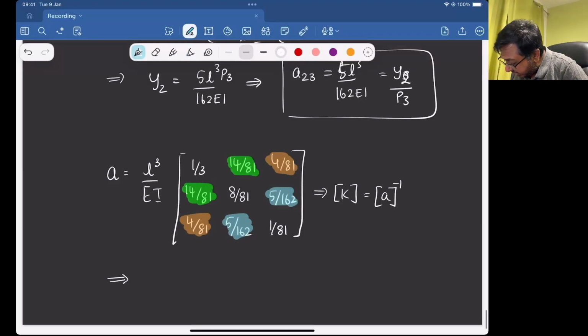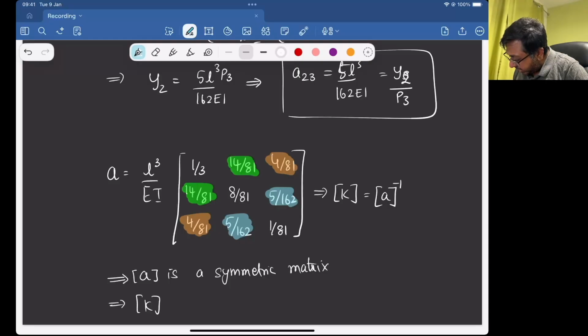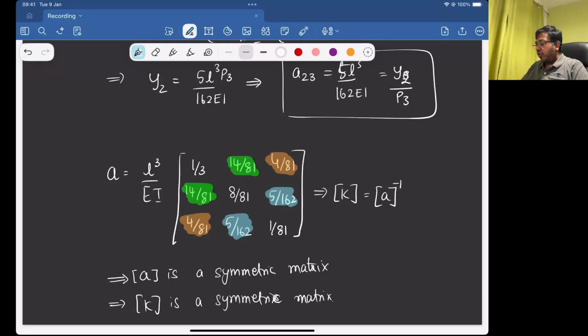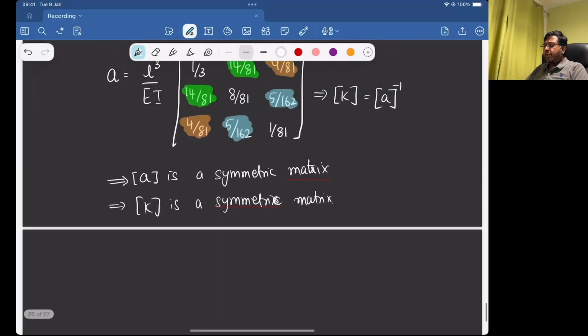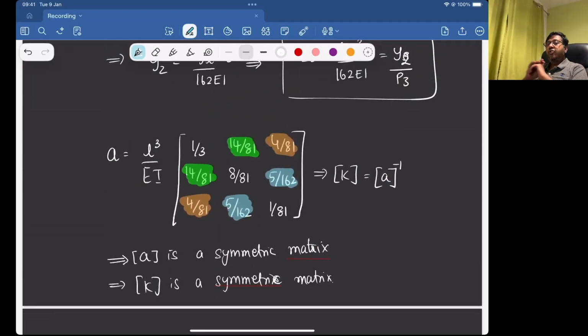That implies A is a symmetric matrix, which implies our stiffness matrix K is also a symmetric matrix. There are scenarios where it might turn out not to be symmetric, but for the purpose of our module, we can assume that we have a symmetric stiffness matrix, and there are no other effects in it.